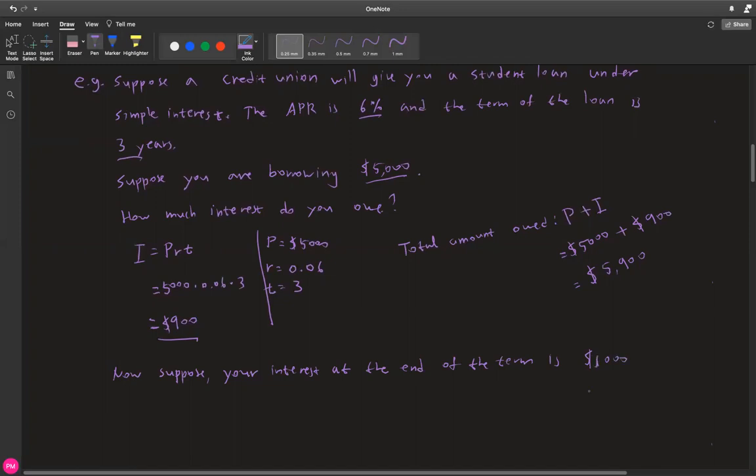So let's say this is 3 years after you have already borrowed the money and you have to pay back. And at the end of the term, you have just realized that you're actually paying $1,000 just for the interest. Then if this is the case, you want to find out how much you actually borrowed. So how much?